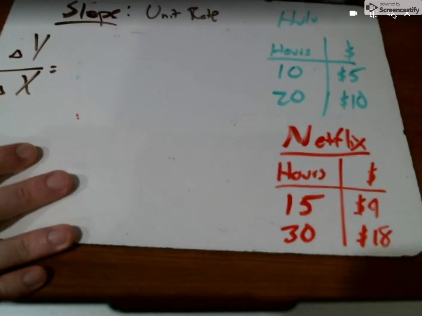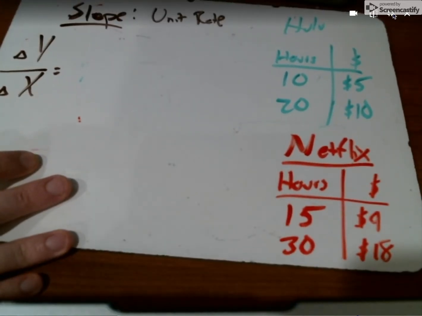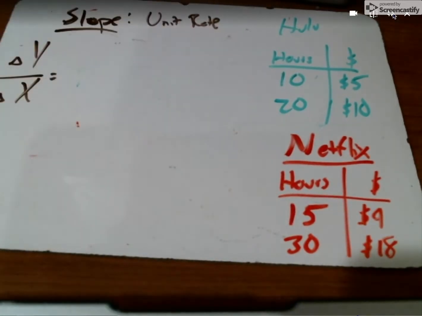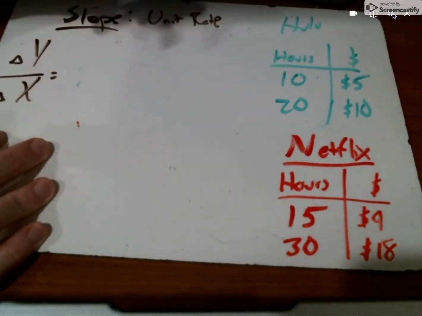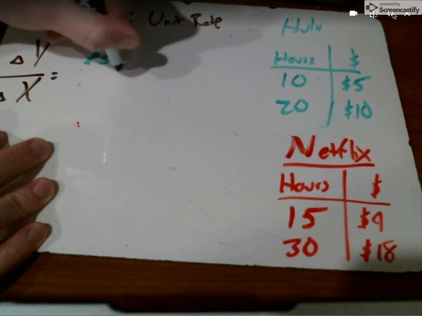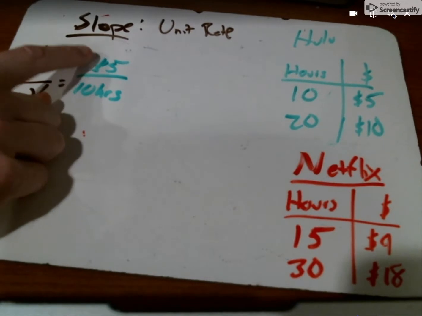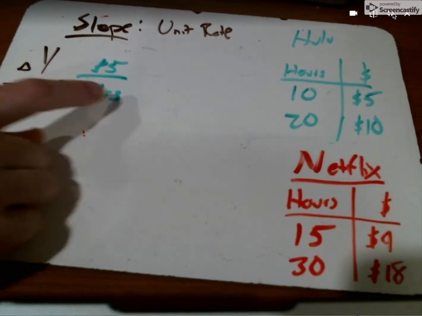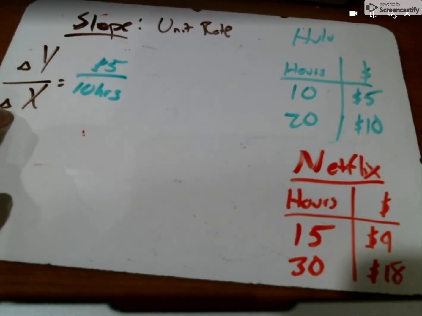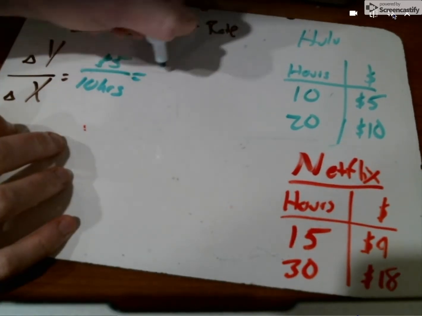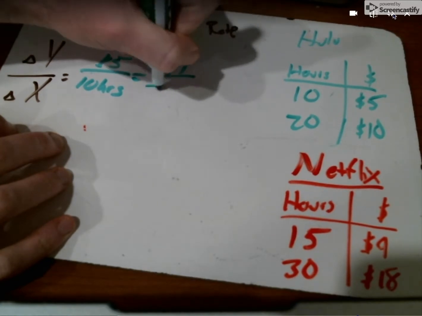Both relationships are proportional. That means that any single data point can give us the slope or the unit rate. So for Hulu, I'm going to go ahead and just use the $5 for 10 hours data point. So $5 is our Y value. 10 hours is how much the X value increases by for those $5. And if we simplify that, that works out to $1 every 2 hours.